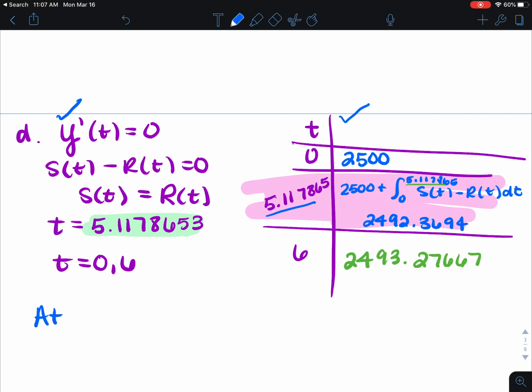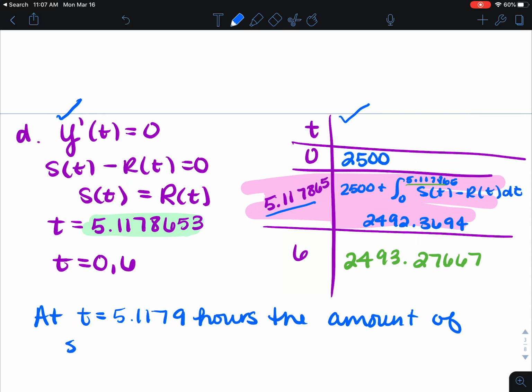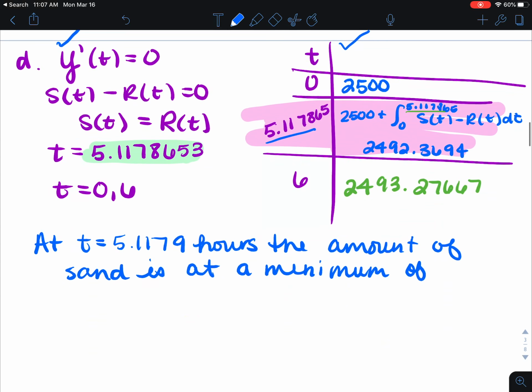And so I would write at t equals 5.1179 hours, the amount of sand is at a minimum of, and then use the result you have from your chart, 2,492.3694 yards cubed.